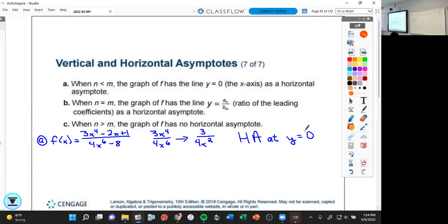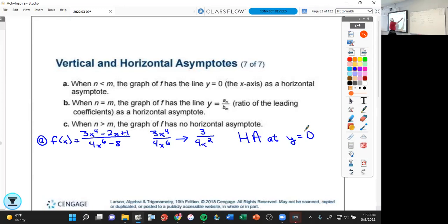I'm dividing by a huge number, or a huge negative number, but it's still going to get closer and closer to 0. I don't care about the fraction right now. All I really care about is the power of the x's.